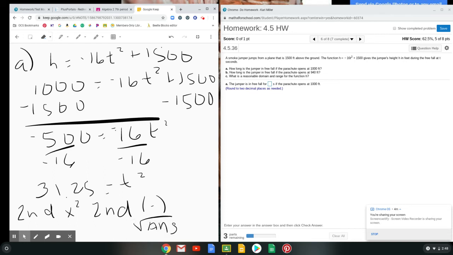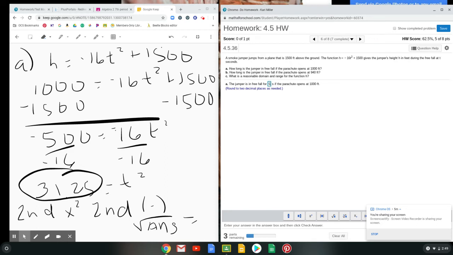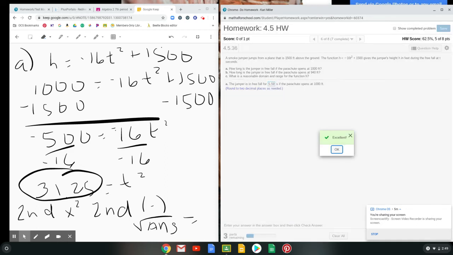And what that means is the answer that was just in your calculator, which should be 31.25. Hit equals, and then it says round to 2 decimal places. So 31.25, when I take the square root of that, I get 5.59. So that should be 5.59.